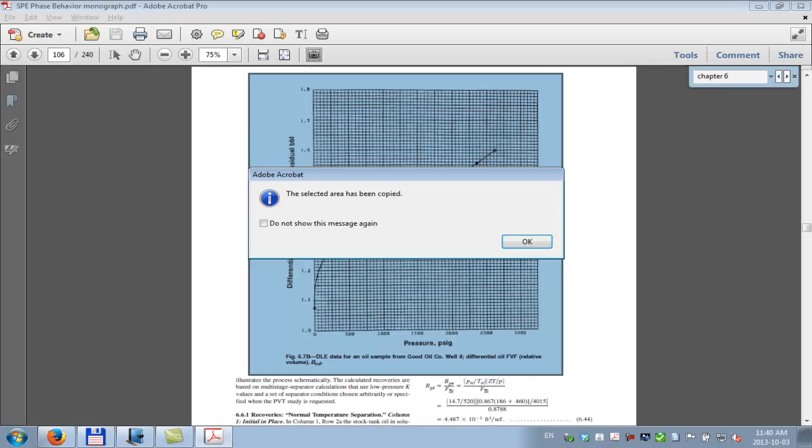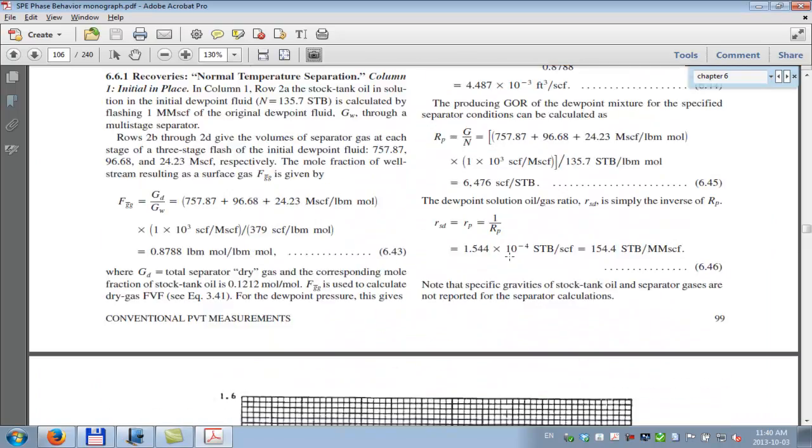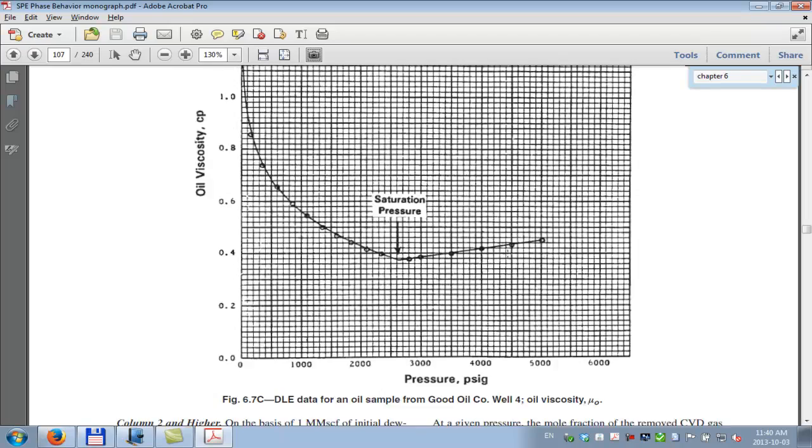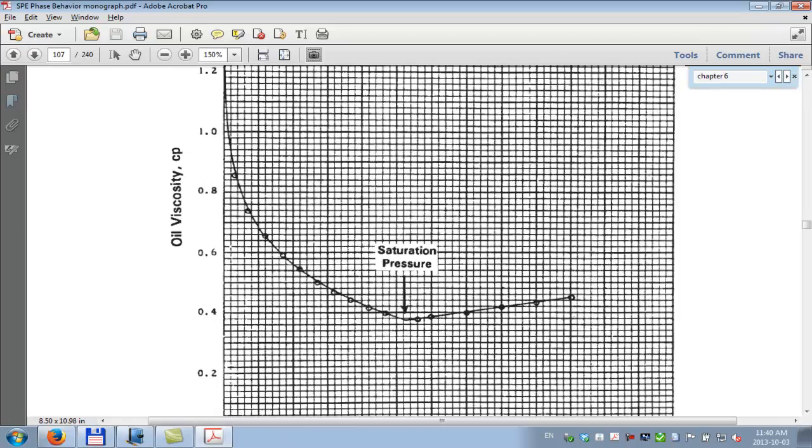Okay, so let's see, I'm trying to find a table. This is the oil viscosity measurement.